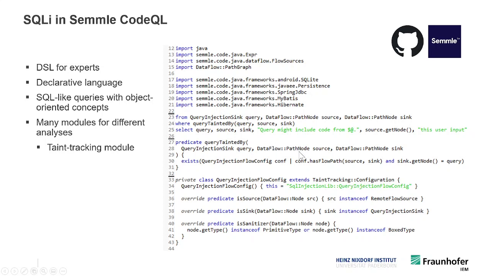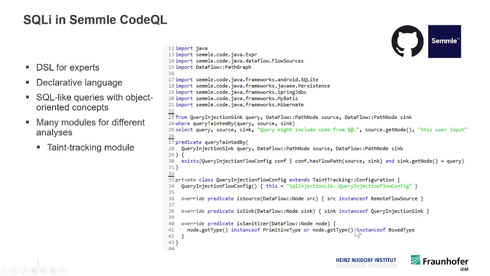Because we are doing a taint analysis, you see we have a taint tracking class which we have implemented. We can create a class that extends this taint tracking configuration, and this has three predefined predicates, so we need to override them. We have the predicates is source, is sink, and is sanitizer, and in each of these predicates you can implement the way you want to match the sources and the sinks.